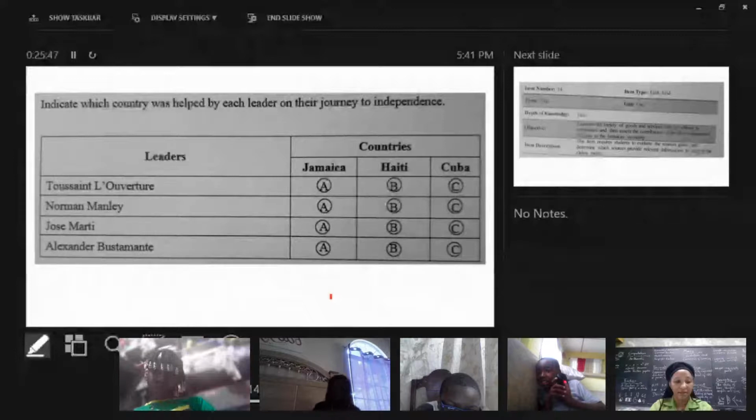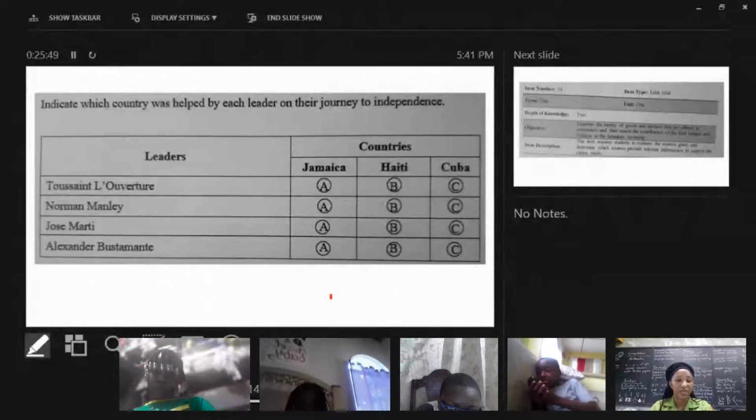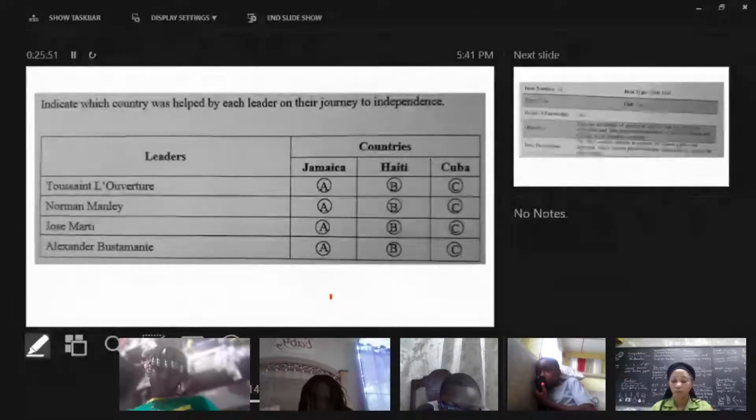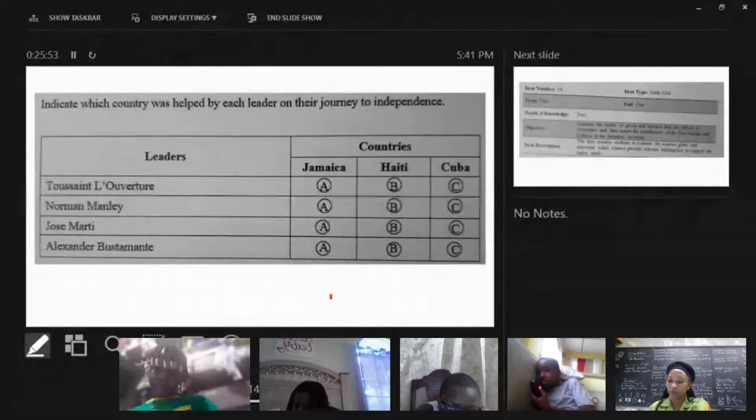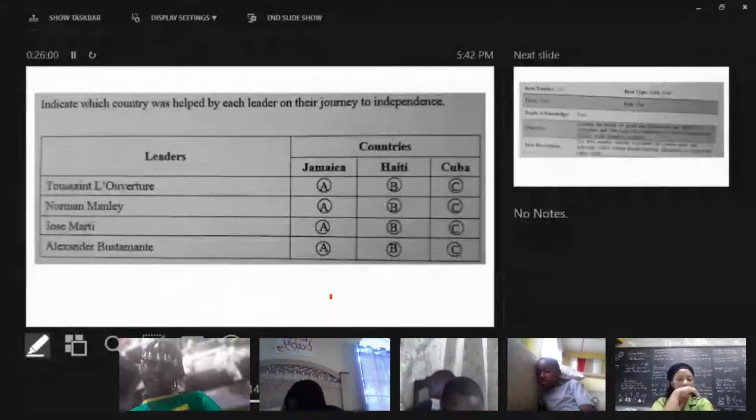Michaela, please read. Indicate which country was helped by each leader on their journey to independence.